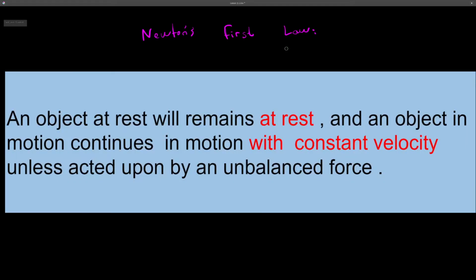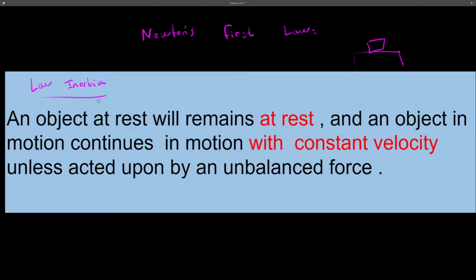We can also relate this to Newton's first law. This law states that an object at rest will remain at rest, meaning that if there's a box sitting on a table, it'll stay on the table. And an object in motion continues in motion with constant velocity, unless acted upon by an unbalanced force. This is also called the law of inertia. Why is it called the law of inertia?